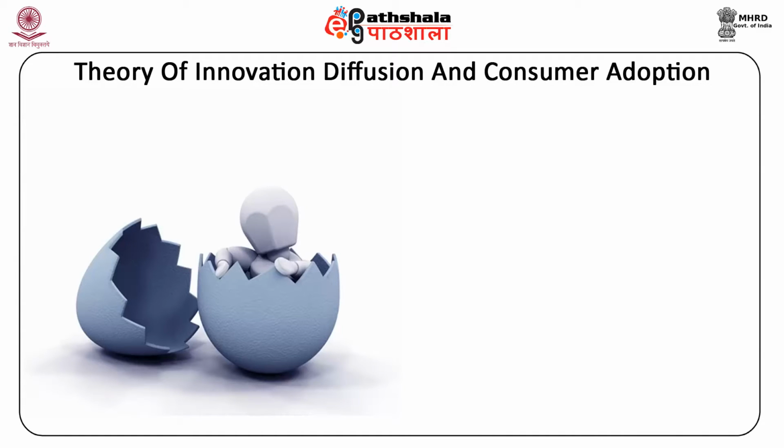The theory of innovation diffusion and consumer adoption provides the basic rationale for the product life cycle. When a new product is launched in the market, people hardly know about it.